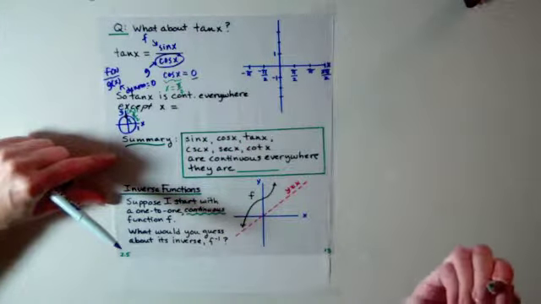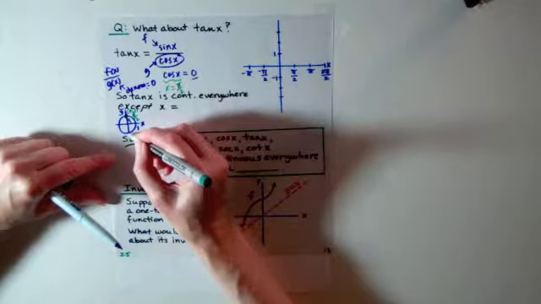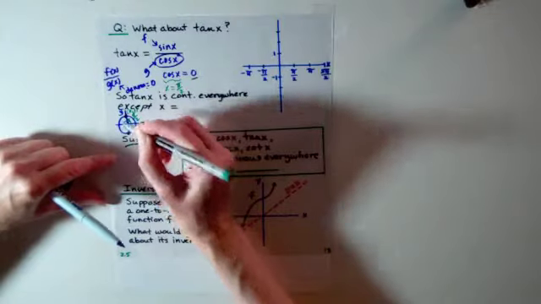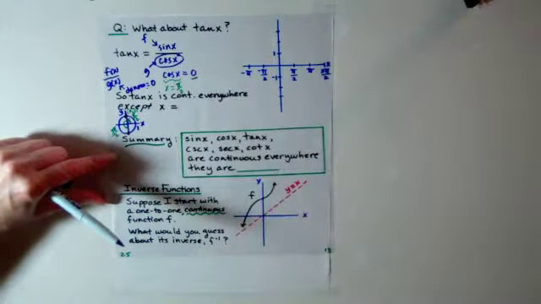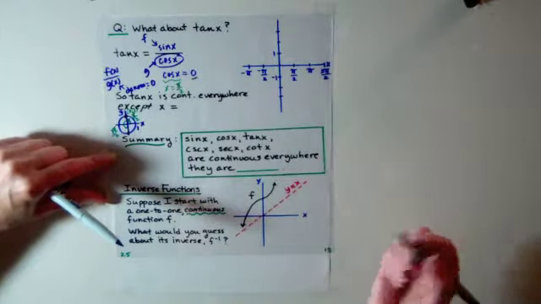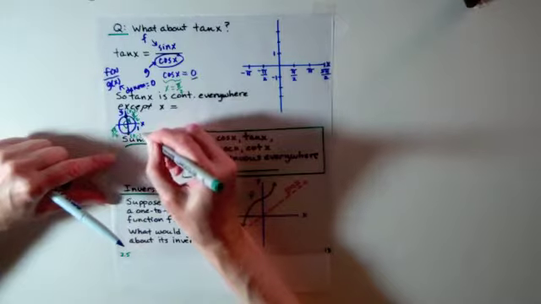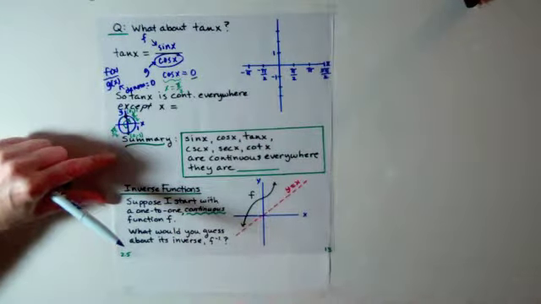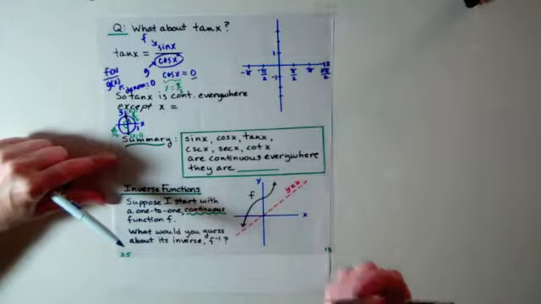Where else do we have a point on the unit circle where the x-coordinate is 0? Down here at 3 pi over 2 radians, that would be 270 degrees. I would again have the point 0, -1, and again an x-coordinate that's equal to 0. Cosine of 270 degrees is also equal to 0.